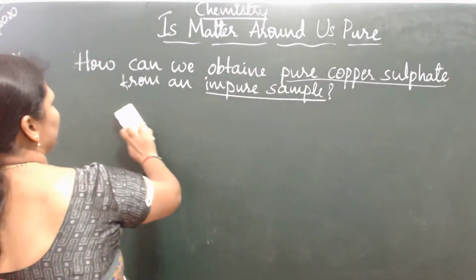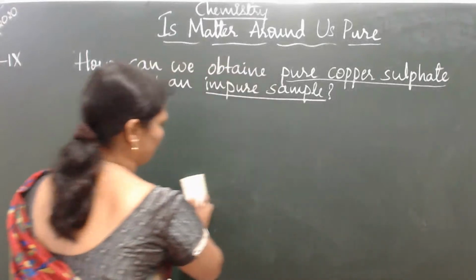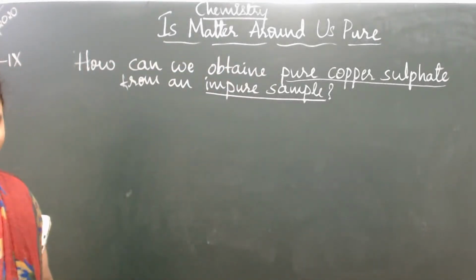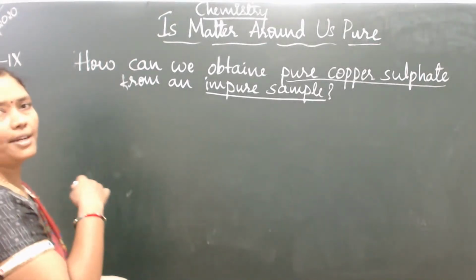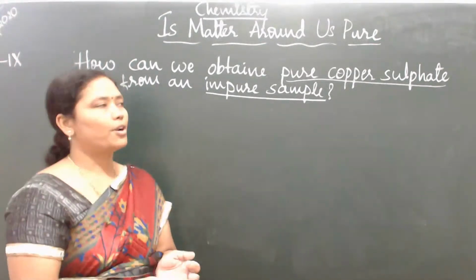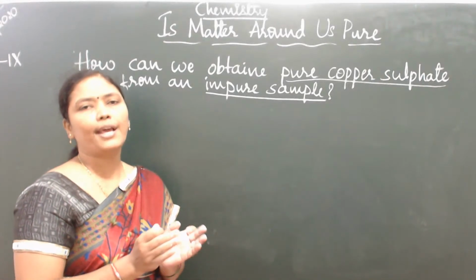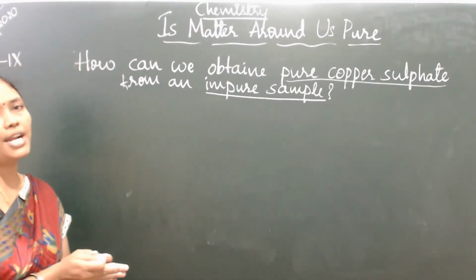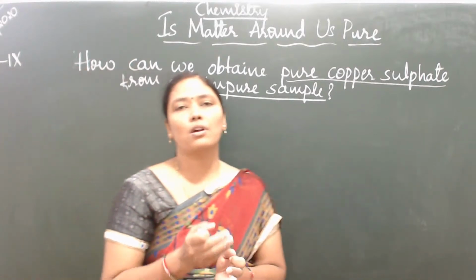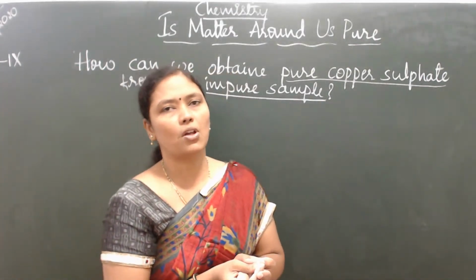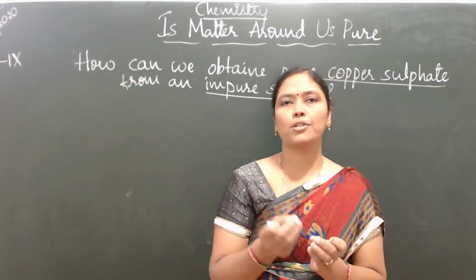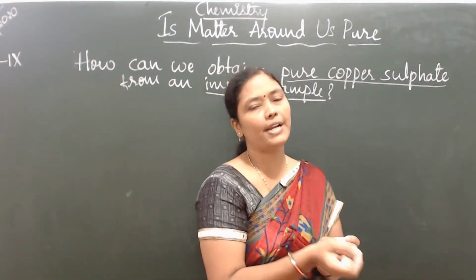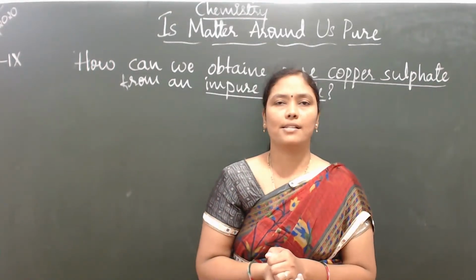The china dish covered with the filter paper must be kept undisturbed. And what you are going to observe is a pure solid, that is, the pure copper sulfate in the form of crystals.